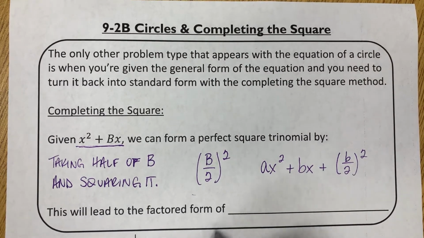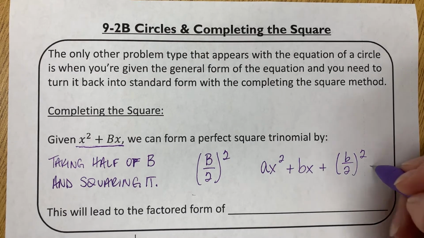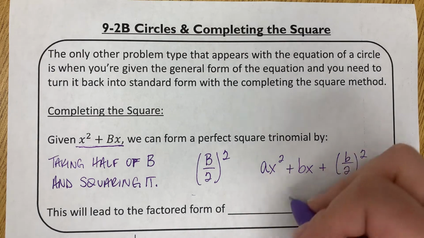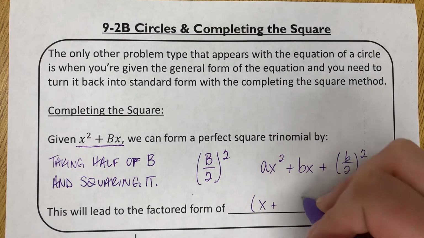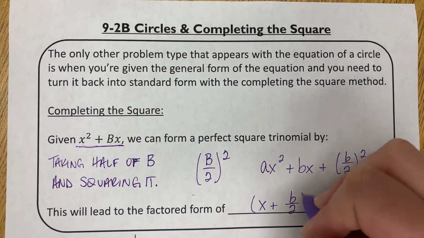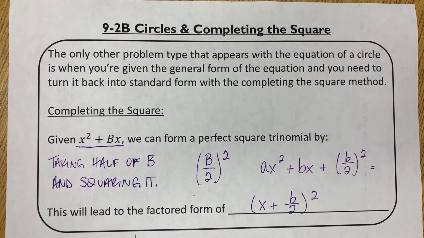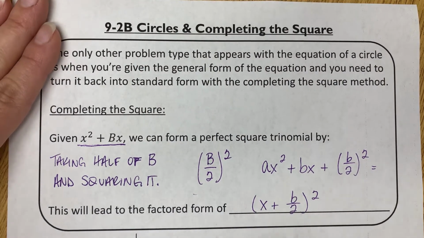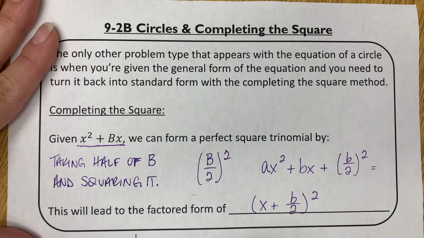That will lead to the factored form. So we would factor this. It's a perfect square trinomial, and that's going to look like x plus b over 2 squared. So this is the important piece that we want to remember. We'll see that we're going to do a few calculations in order to get the information.